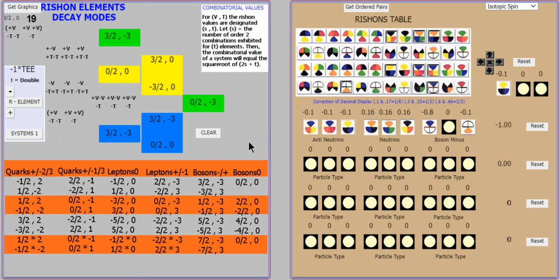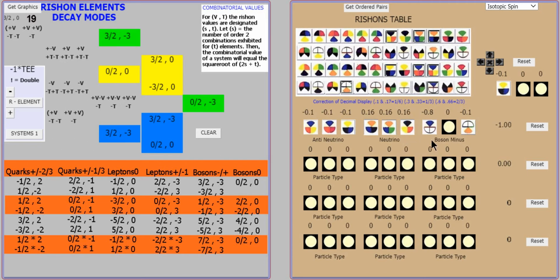And then we have an anti-muon neutrino with its assembly and a muon assembly with its assembly being 3/2, comma, 0 and -3/2, comma, 0 respectively.